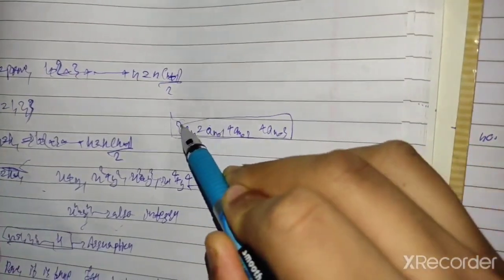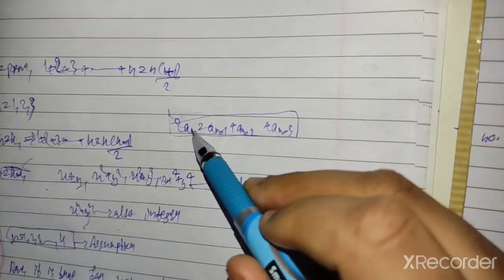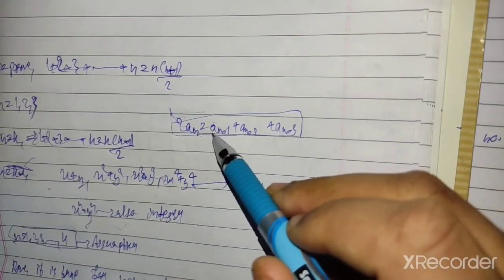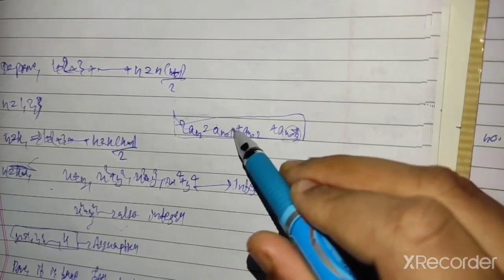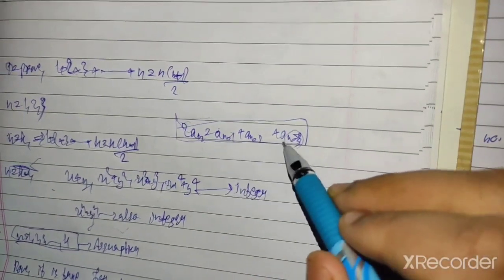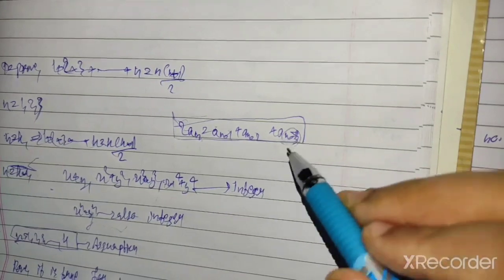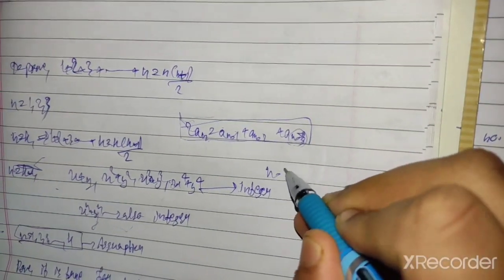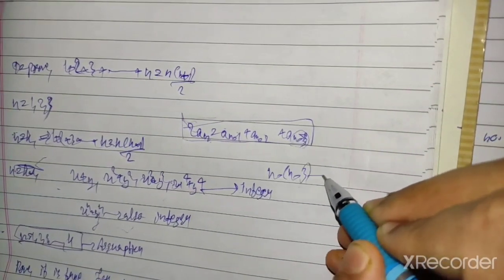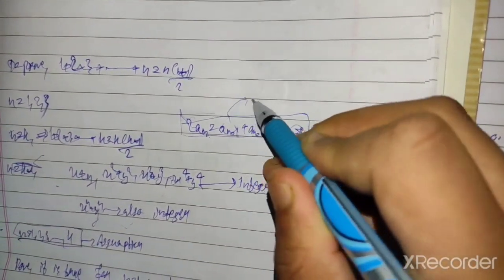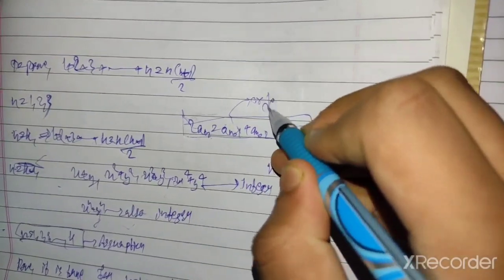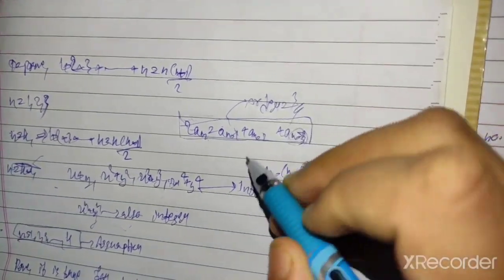Now a_n is depending on previous terms, and the lowest term here is n minus 3, among n minus 1, n minus 2 and n minus 3. So we just do n minus that, which is basically 3, so its order is equal to 3.